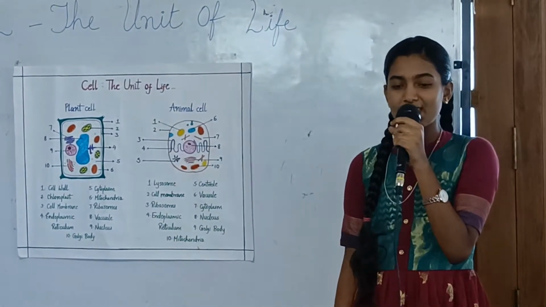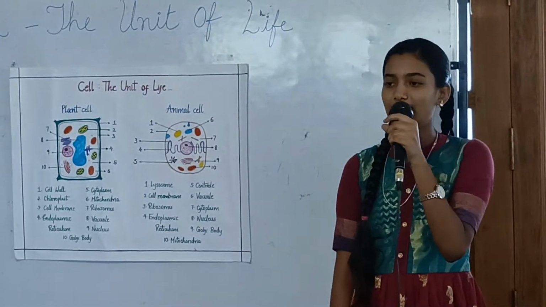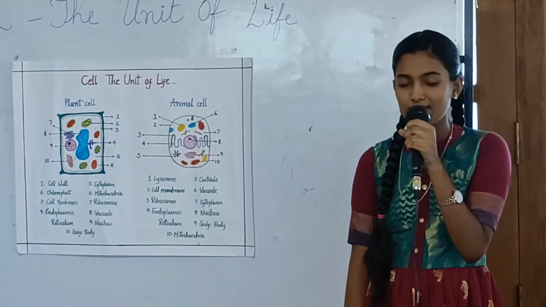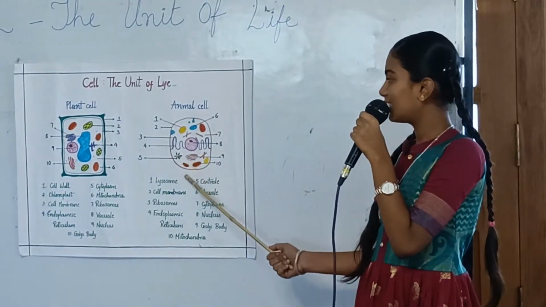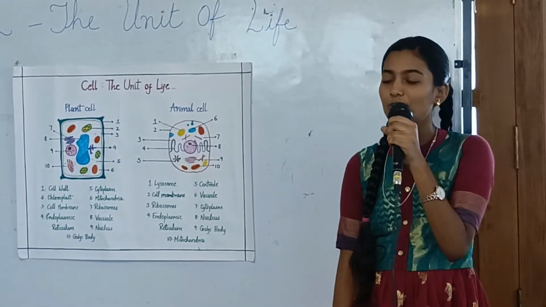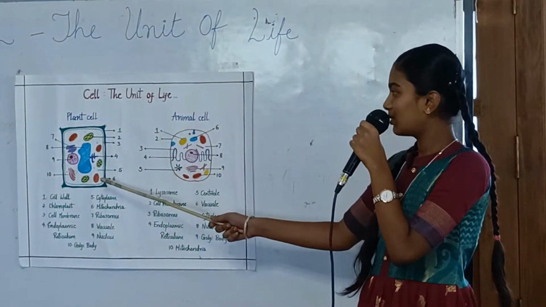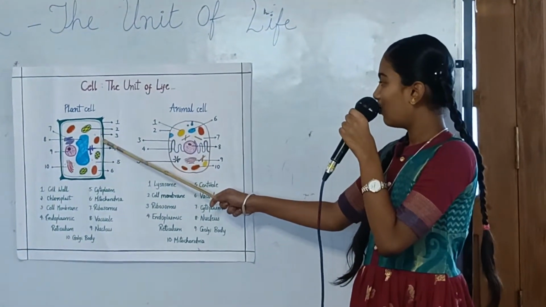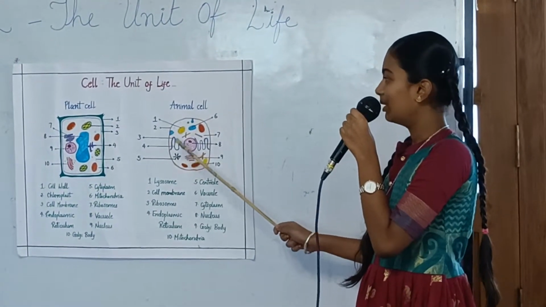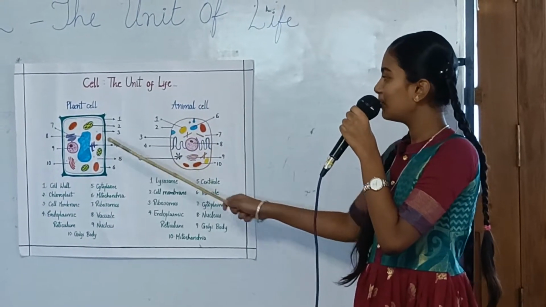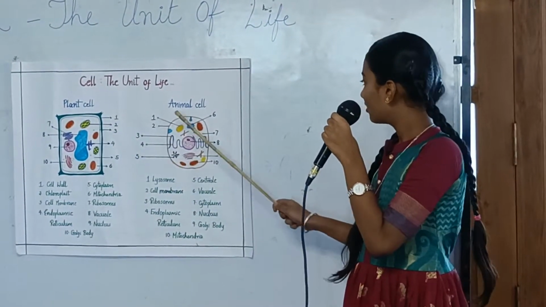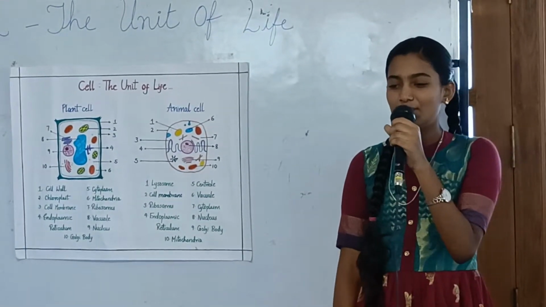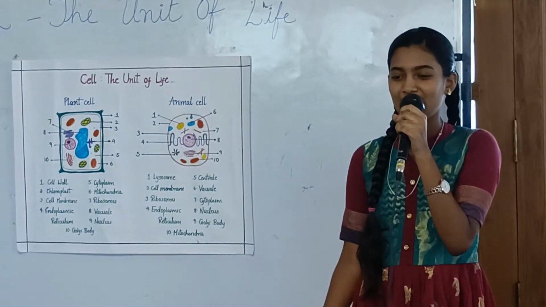Most parts of the cell which have a definite shape, structure and function are called the cell organelles. Then we learned about various cell organelles and their structure and function with reference to the plant and animal cells, like the cell membrane, the cell wall, endoplasmic reticulum, nucleus, lysosomes, vacuoles, mitochondria, etc.